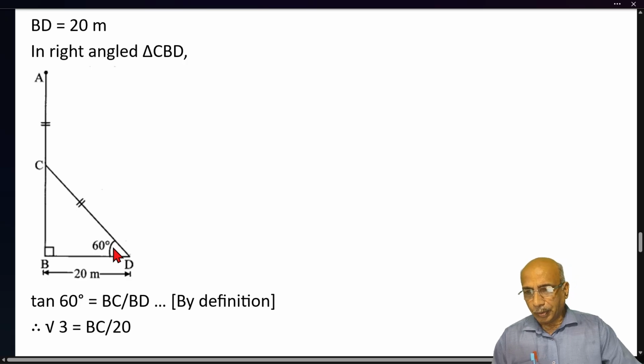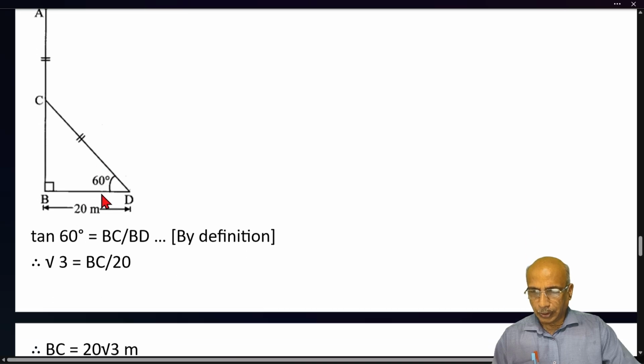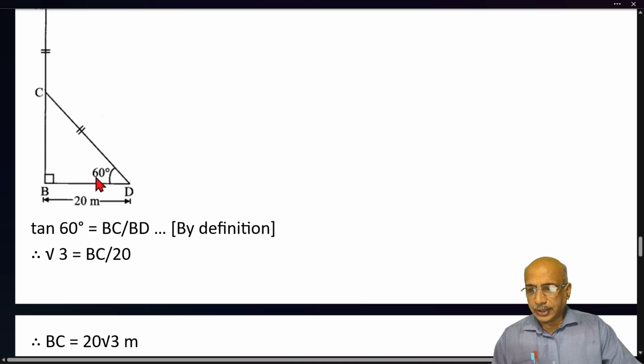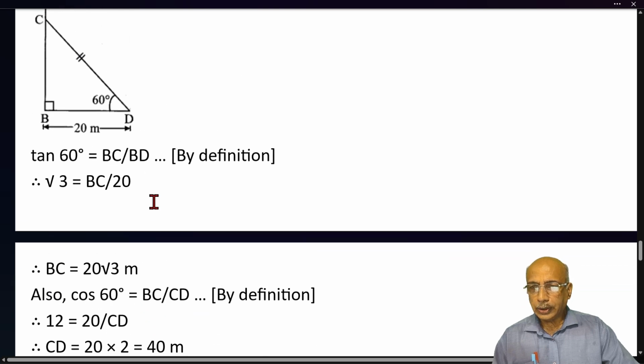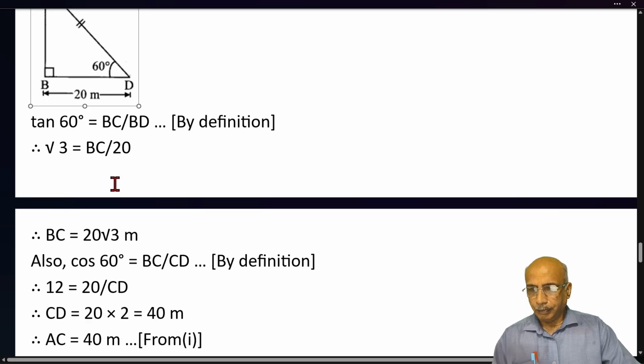So here we will apply tan 60 and find the length CB. So tan 60 equals BC upon BD, root 3 equals BC upon 20. Therefore, BC equals 20 root 3.